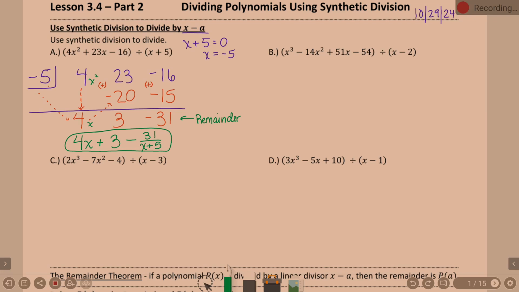Now, if you do me a favor and you flip back to the first long division example we did yesterday, with the variables in it, guess what? It was the same problem. 4x squared plus 23x minus 16 divided by x plus 5.